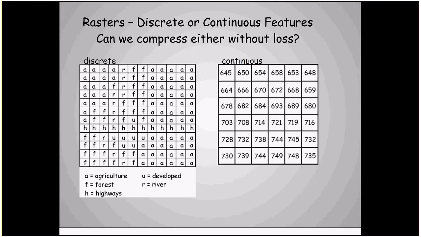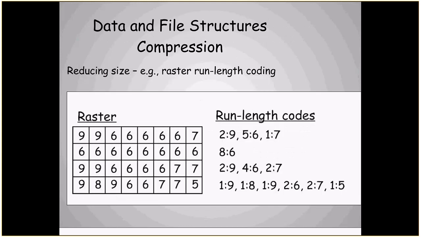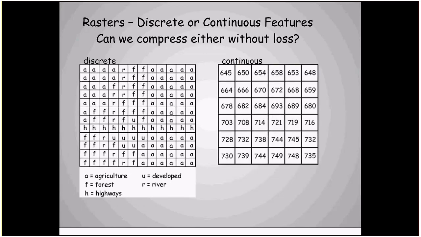If ArcGIS asks you if you want to store your data with compression, just investigate what type of compression it's doing. If it's recommending run length encoding, it's probably just fine. If it's representing a continuous surface and it's saying, do you want to use LZ77 or LZW compression?